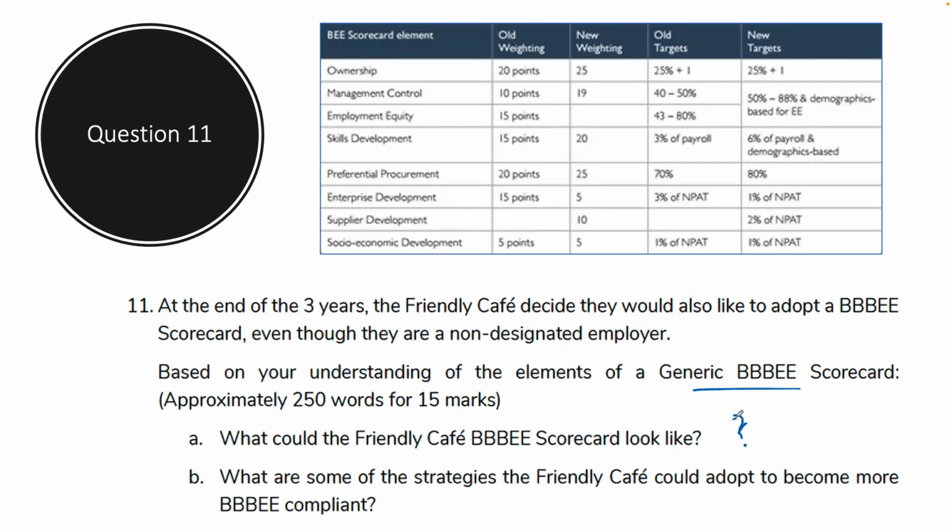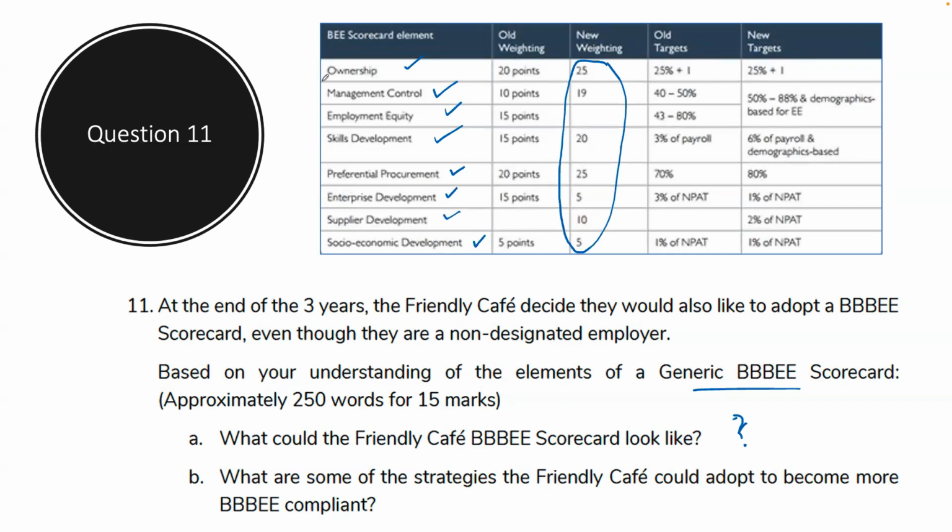And again, you're going to have to do a bit of research. The scorecard consists of ownership, management control, employment equity, skills development, preferential procurement, enterprise development, supplier development, and socioeconomic development. And those are the weightings. So there's an actual formula that you put in.